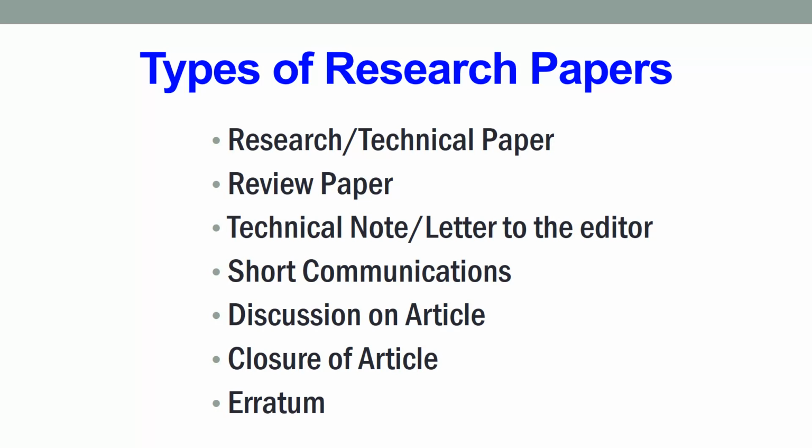So technical note, short communications, discussion on article, closure of article, and erratum, these are all small articles, not more than 3 to 4 pages. You can submit them to the journal, and these are also considered as research publications. Today in this video, one by one we'll discuss all these 7 types of research publications.